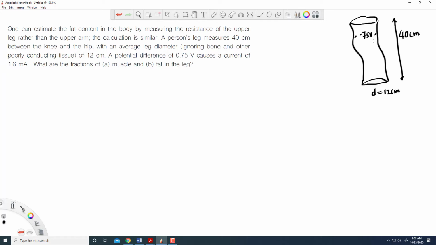That causes a current of 1.6 milliamperes. So it's not very clear where the potential difference is being applied. It could be here and here, between the 2 points.